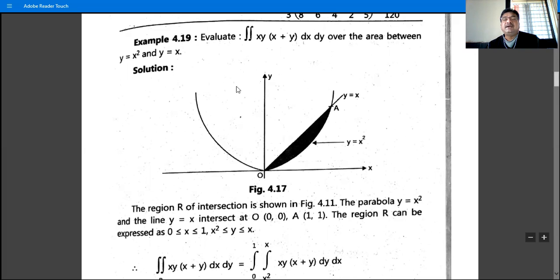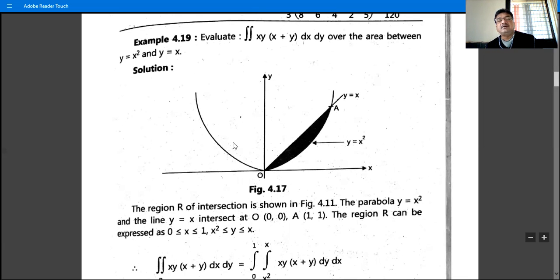And y is equal to x square is the equation of a parabola, and x square means it is around the y-axis. Y is equal to plus x square means it is above the x-axis. It is around the y-axis because there is a square of x.